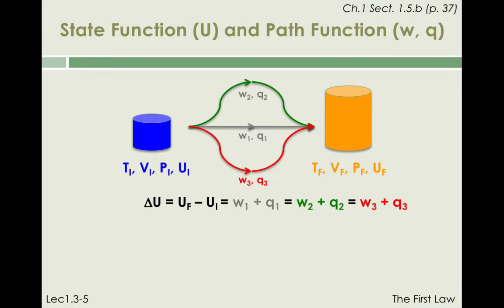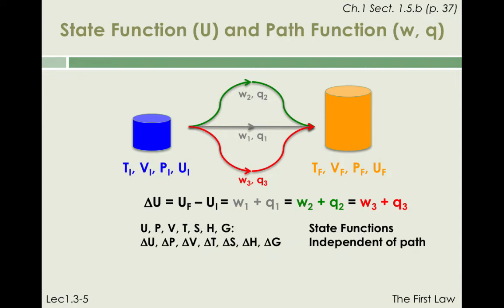We say that the change in energy U is independent of the path chosen, while the work and the heat do depend on the path. This argument made with the energy U can be made with the system's volume, since the change in the system's volume is the same through the three paths.